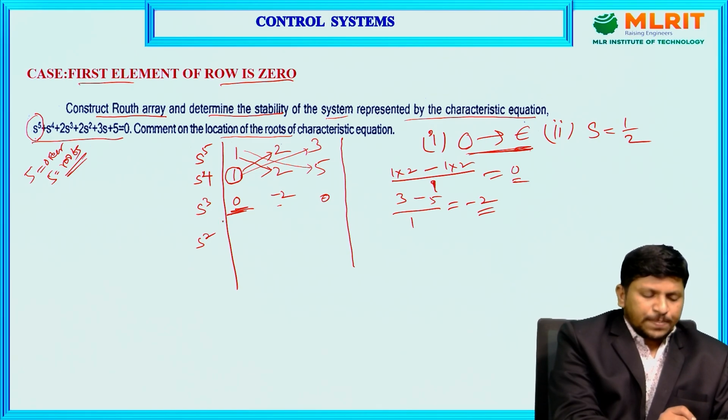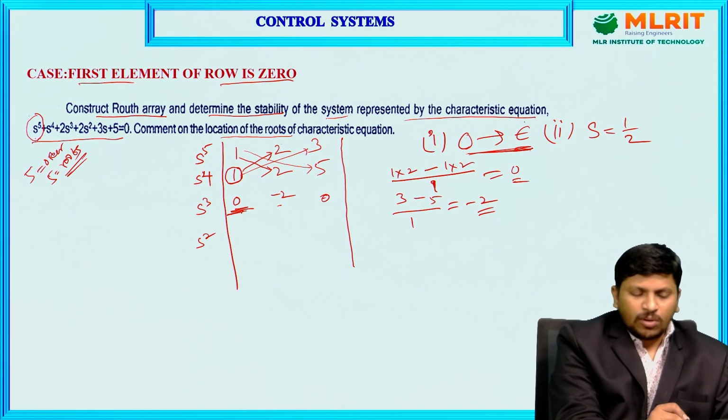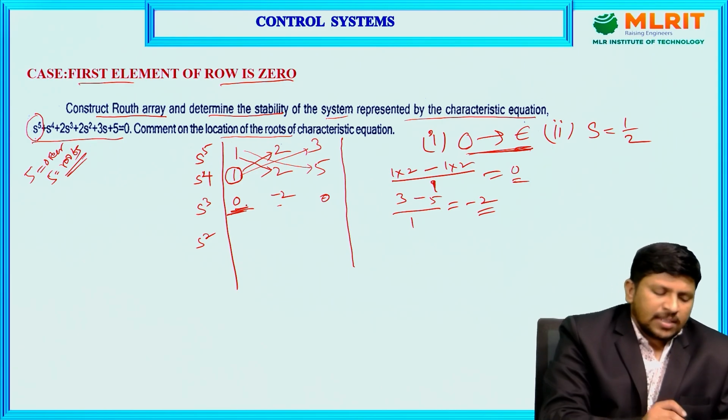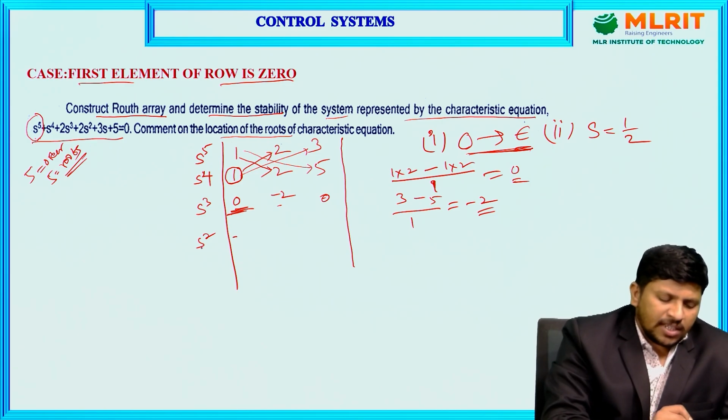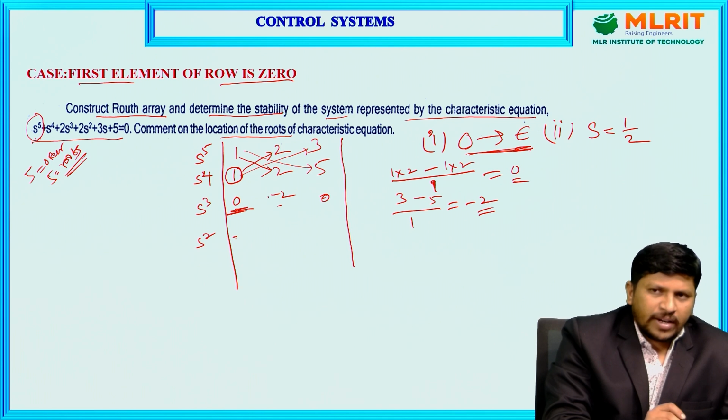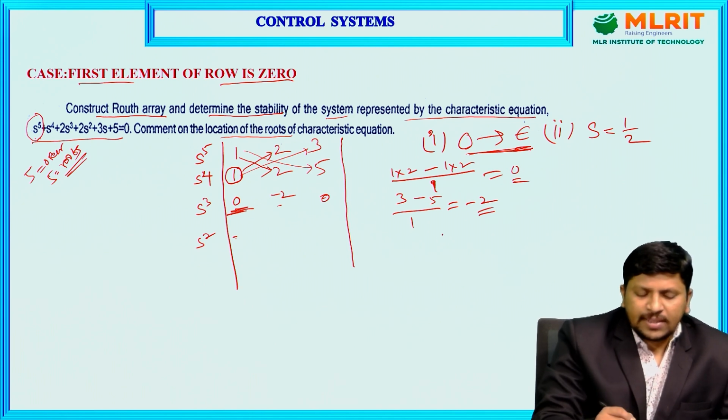Now I am going to draw again. Why are we going to consider epsilon in place of 0? See here, for the next element of the S square row: 0 multiply with 2 minus 1 multiply with minus 2, so 0 plus 2 divided by 0. 0 is our base.